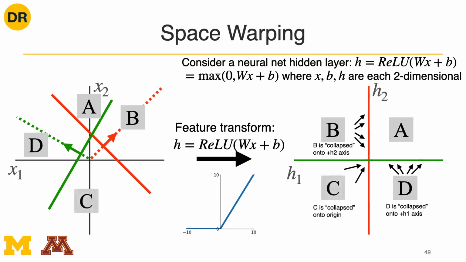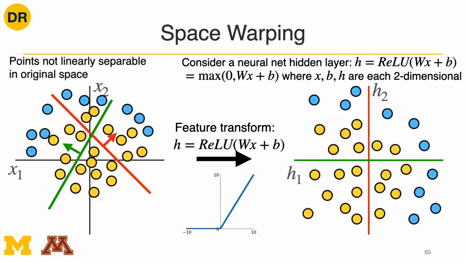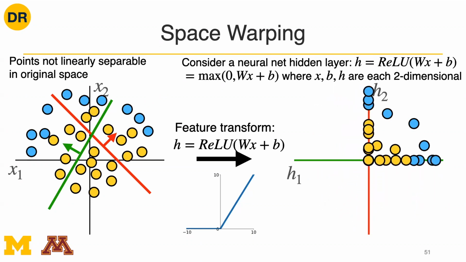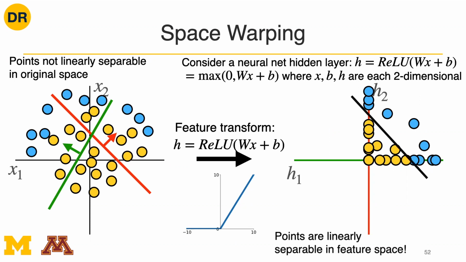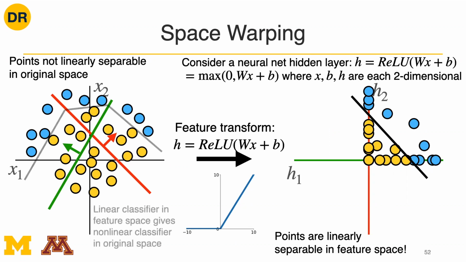right? So if you look at the same thing using the cloud of data that we had, this was what we had when we did linear transformation. Now, if you use ReLU, which is a nonlinear transformation, they collapse onto the axis and the origin. If you think about it, this is linearly separable using a linear classifier, which means in the original space, this is a nonlinear classification.